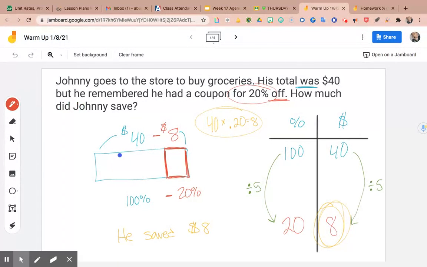So for this one, I could have broke it into as many pieces as I want. But if I break this into 5 pieces, then each piece will be 20%. So I could have broke the 100 into 10 pieces, and then each piece would be 10%.